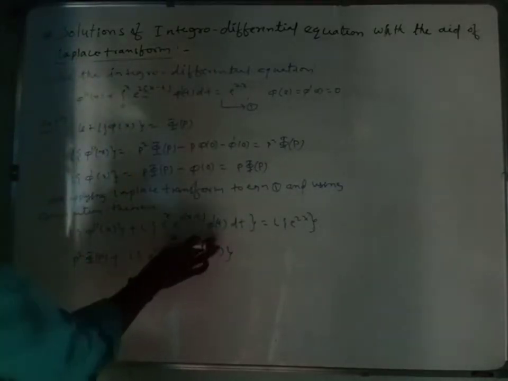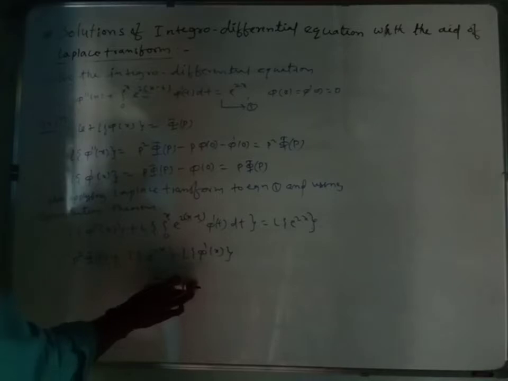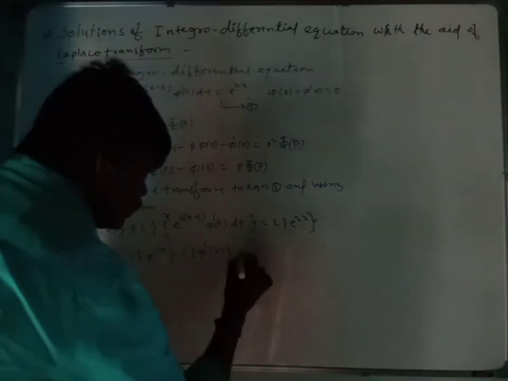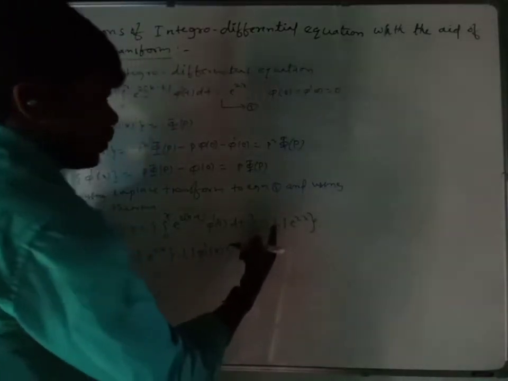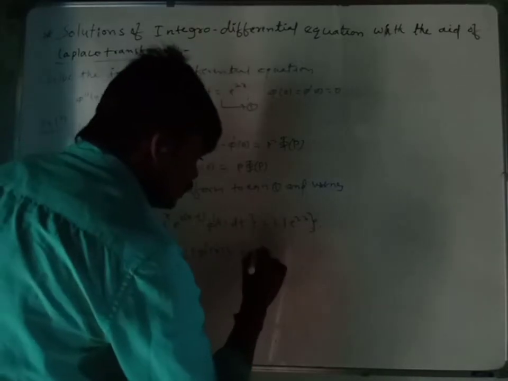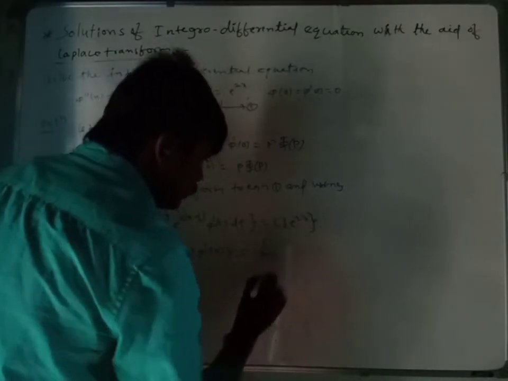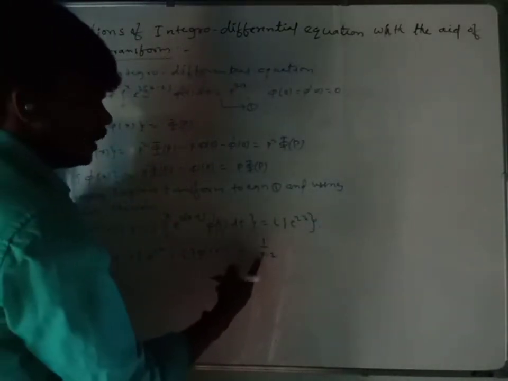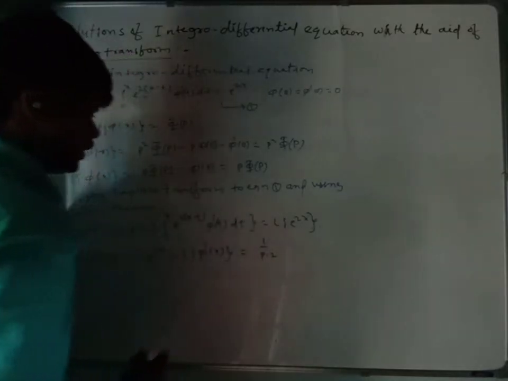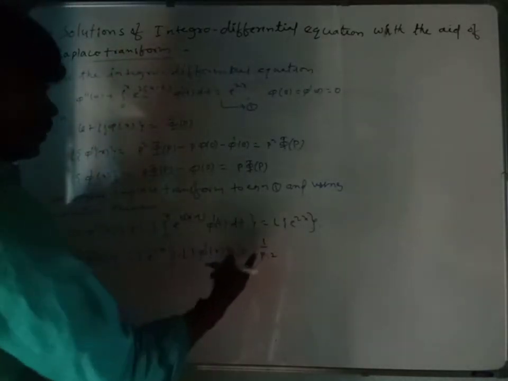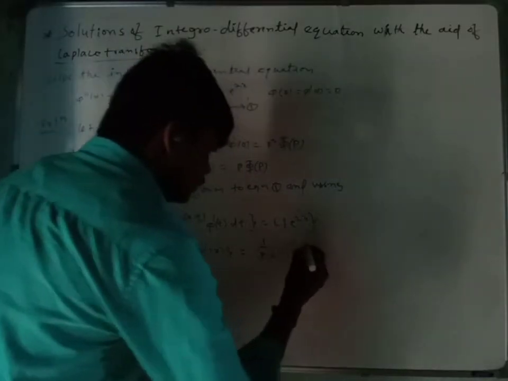Now Laplace transform of e to the power of 2x is 1 upon p minus 2.